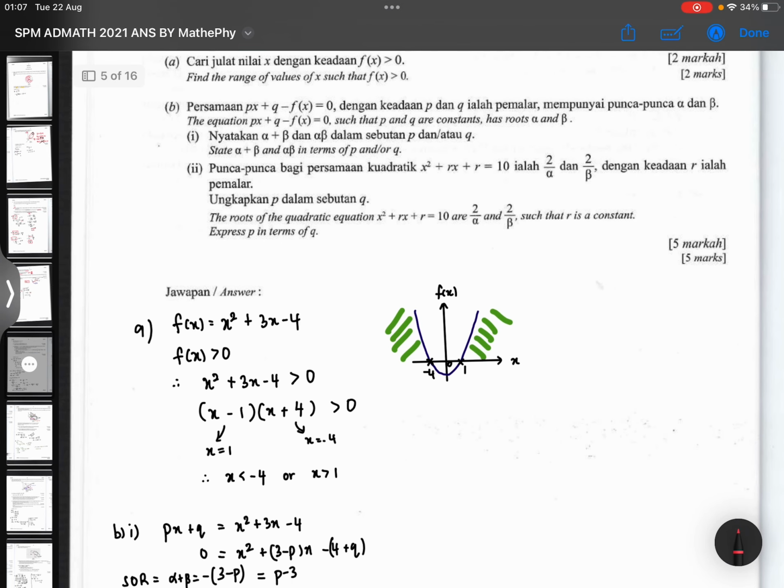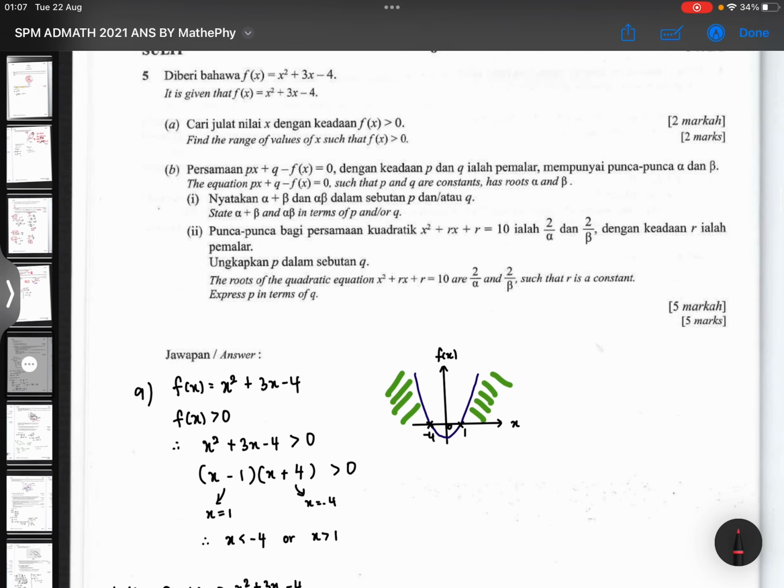Okay, so question 5 is not so hard, I guess. For question 5, you need to find the range of values of x such that f(x) is greater than 0.